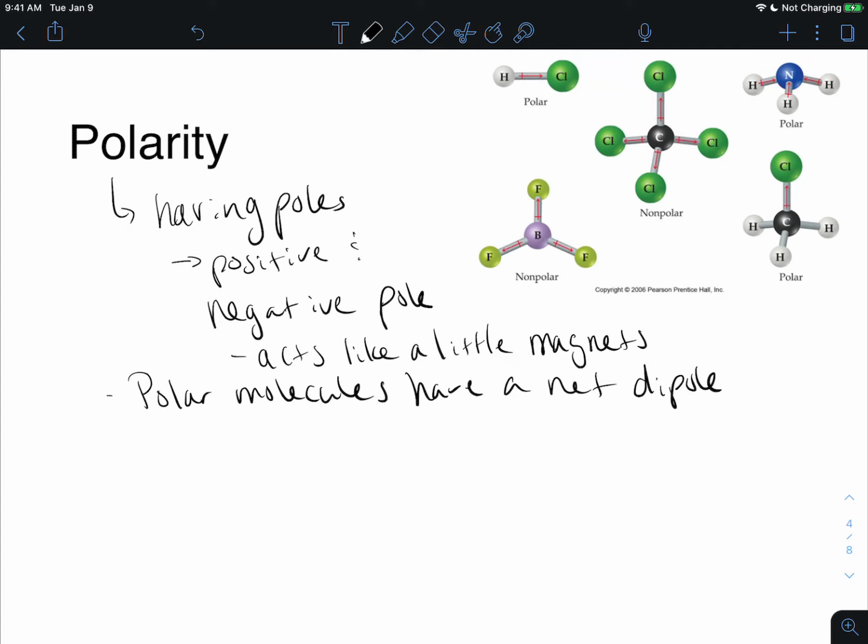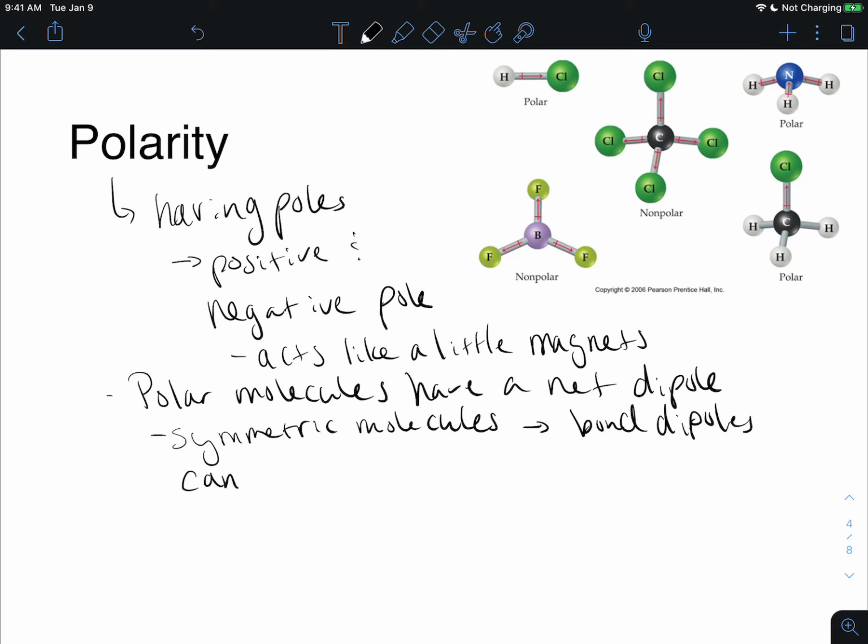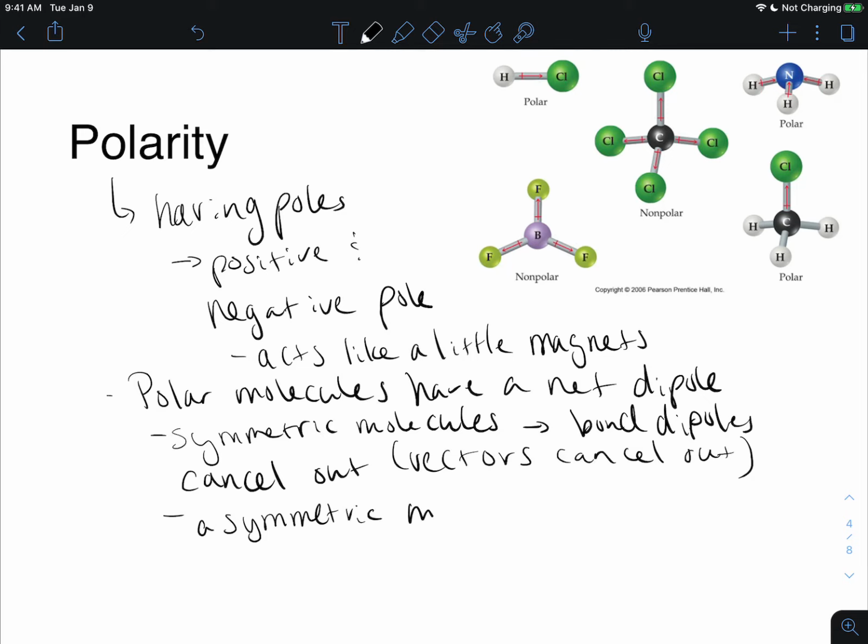So if we have two vectors equal but opposite directions, they will cancel each other out. And when you have symmetric molecules, that's what happens. So symmetric molecules, bond dipoles cancel out. The vectors themselves cancel out. If we have an asymmetric molecule, we don't have those bond dipoles cancel out.